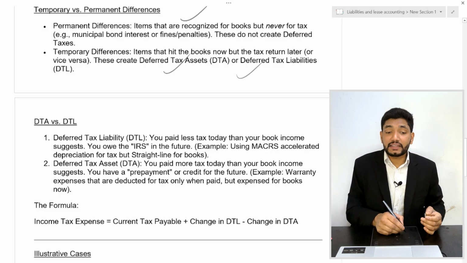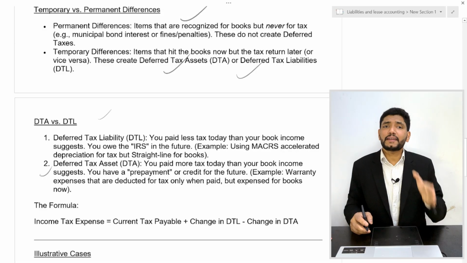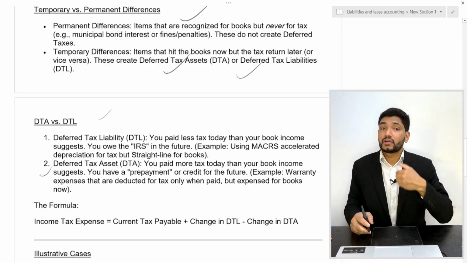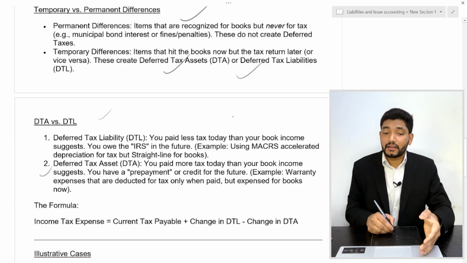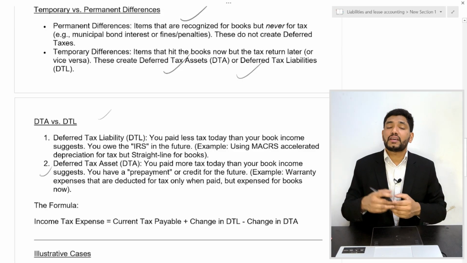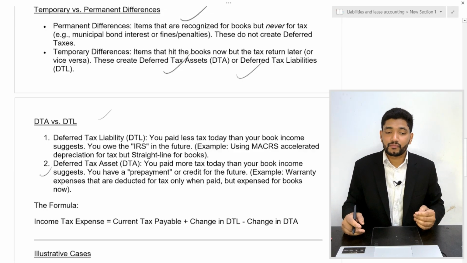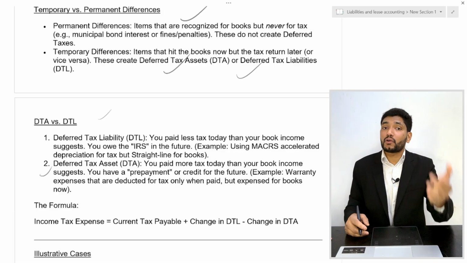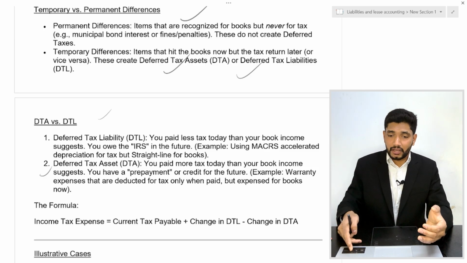So, then deferred tax liability and deferred tax asset. Deferred tax liability: suppose you paid a tax today which is less than your book income, then there is a deferred tax liability. Then deferred tax asset means you are paying more tax than your book income.